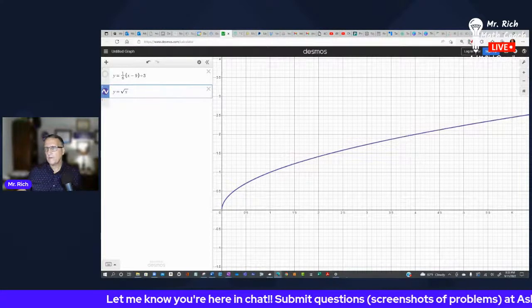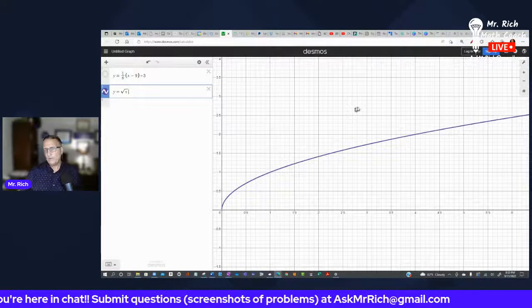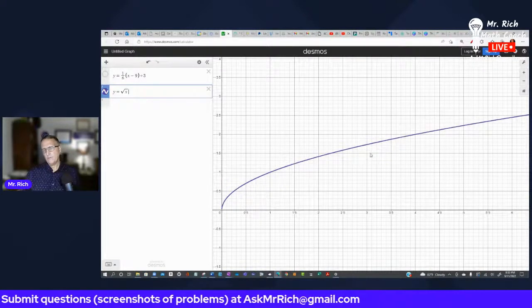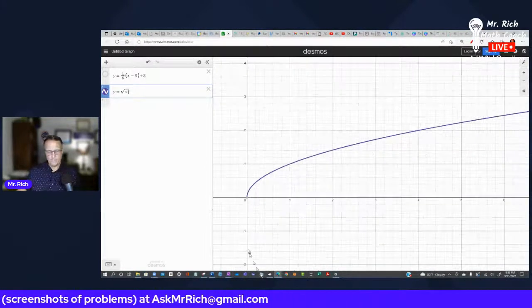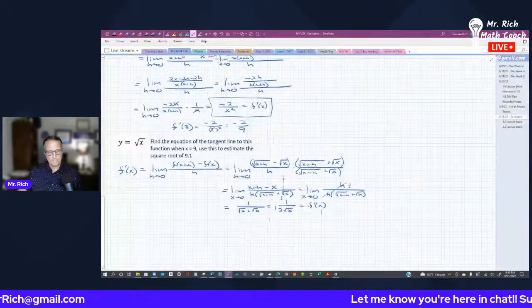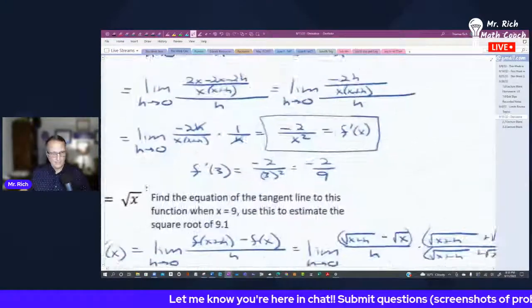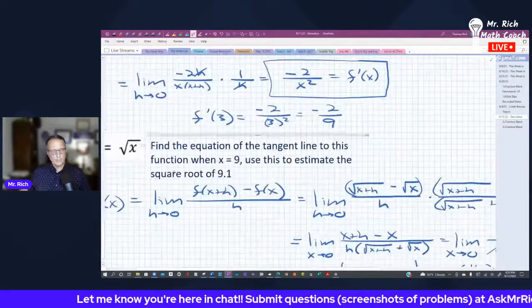Let's see if I can get this pen to work. No. Now, what I'm going to do is come out here to, I think that's where we wanted to work this, at x equals 9, actually. So we want to look at this when x is equal to 9.